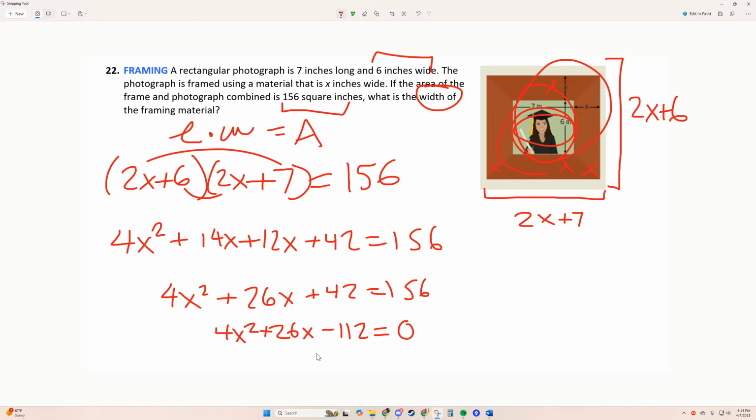They're even. So I need to factor this. I don't want to do quadratic formula. I can divide by 2 because that's going to be the same zeros. So that's 2x squared plus 13x minus, what is this, 60? No, 56 equals 0.